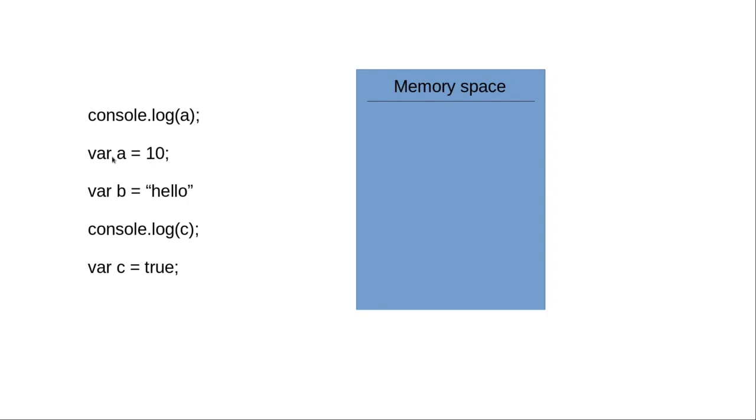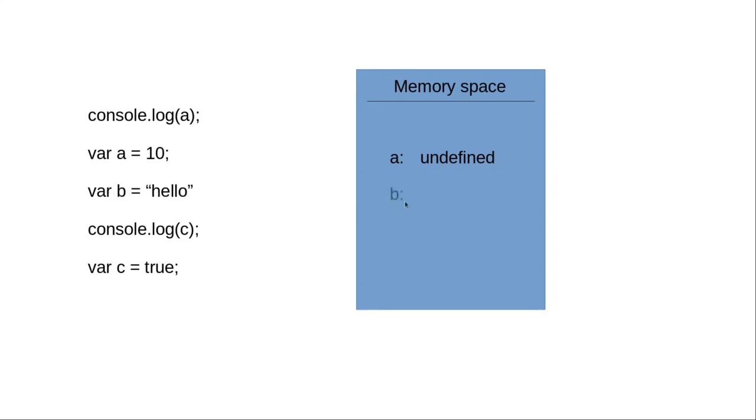Now it sees there is a variable a equals 10, which is a declaration. Automatically it will allocate a and assign a special value called undefined. Simple. Now it will come to the third line, where there is a variable called b, and this is also a declaration.